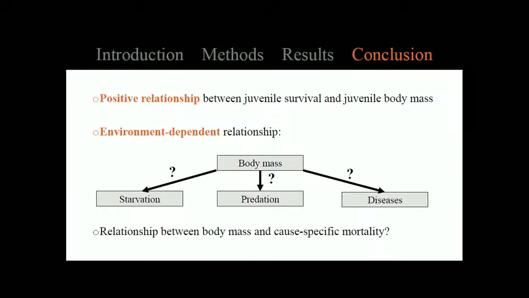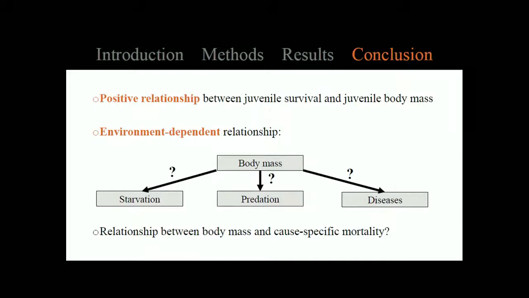So this is an open question. What is really the relationship between body mass and cause-specific mortality? Because we know from our results that it is likely that body mass is not related to predation, but when I take predation into account, I only consider whether an individual is subjected to predation or not, and not the proportion of individuals dying from predation.